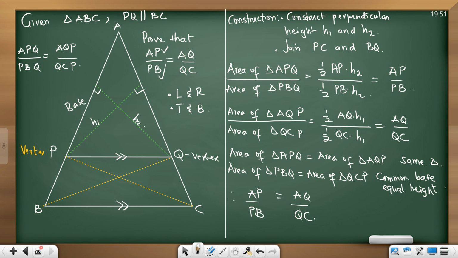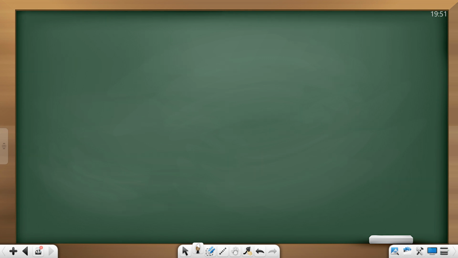First, whatever they give you serves as what? The base. The vertex is on the other side. Wait, hold on. I want to write what I'm saying. What did we say? The ratio given represents the bases of the four triangles.